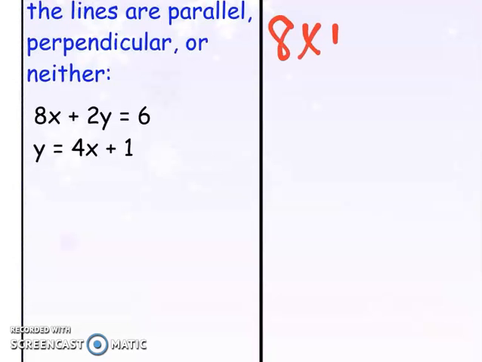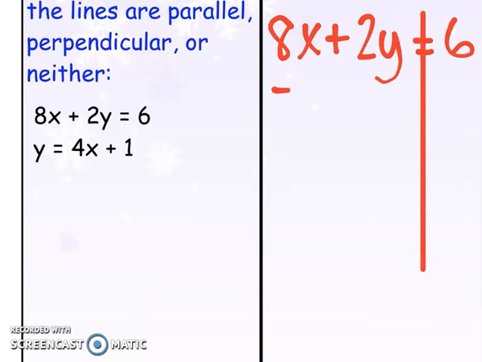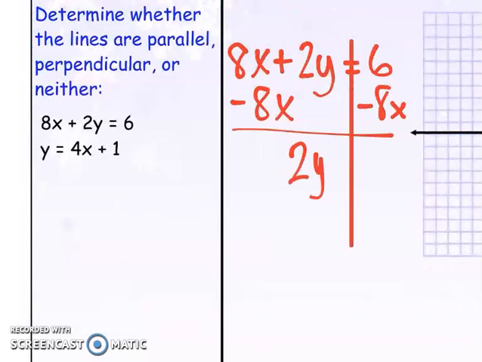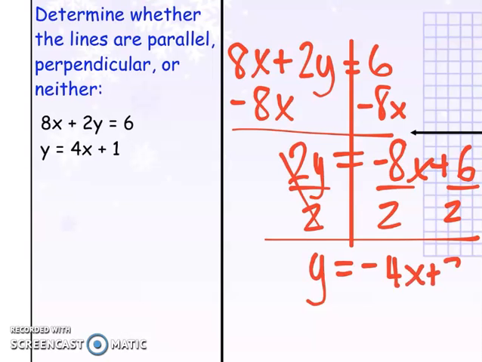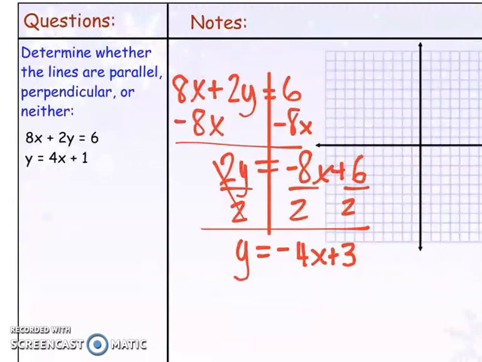Okay, next one, same thing. So rewrite the first equation. So this is a review from 4.1, putting our equation in slope-intercept form. So this one is y equals -4x plus 3. So I would start at 3, and then my slope, I'm going down 4 over 1, and then I draw my line.